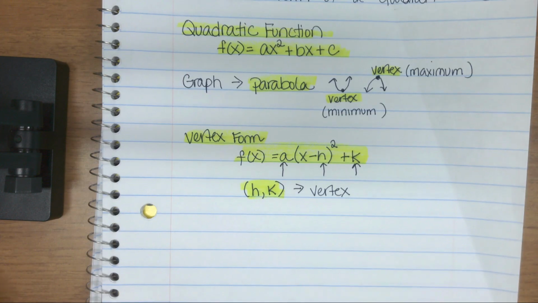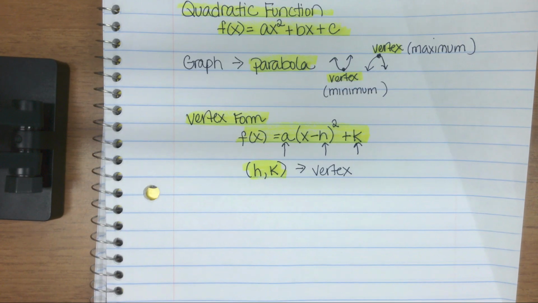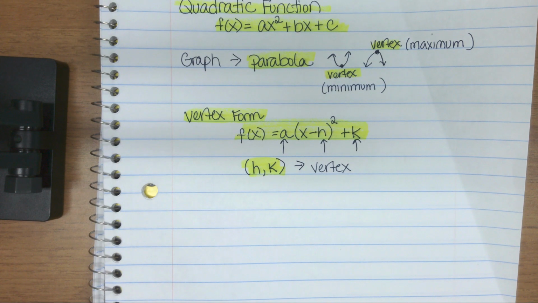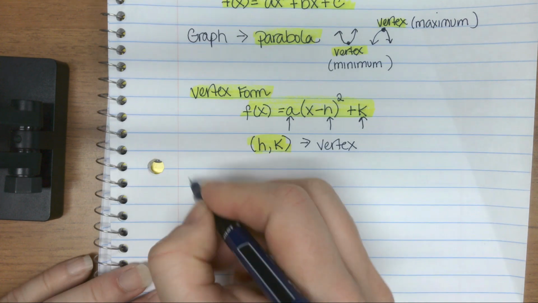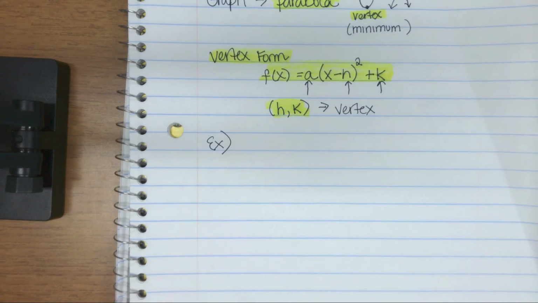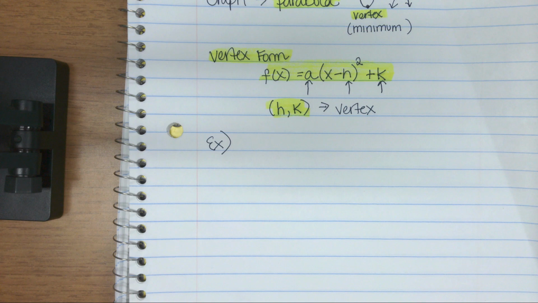What we're going to do is one together where we're going to list the vertex and sketch a graph. I think this is going to be good based on what I saw a couple minutes ago.